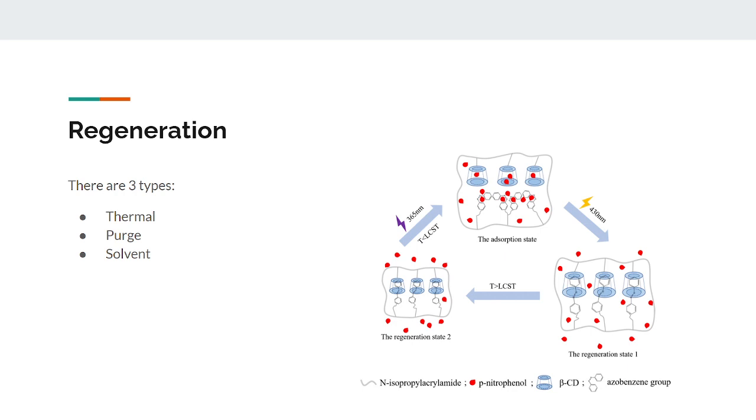And then in a solvent regeneration, a suitable solvent is used to desorb the adsorbate from the adsorbent. Basically, in all these cases, the adsorbate is captured and potentially reused.